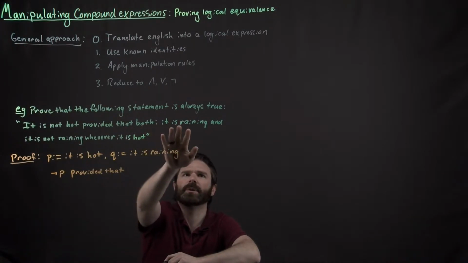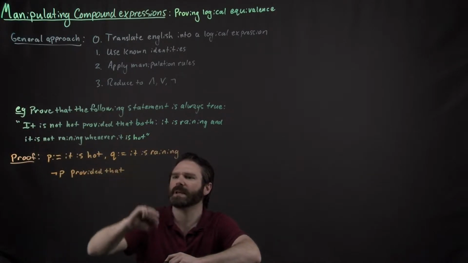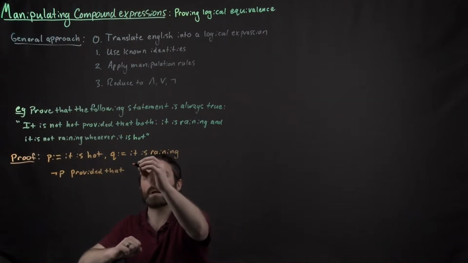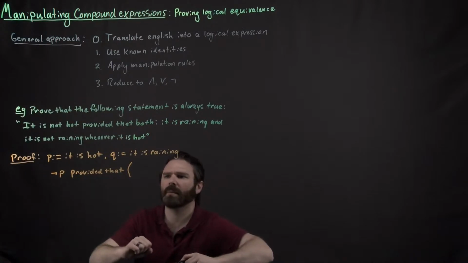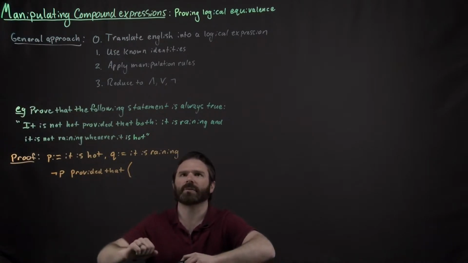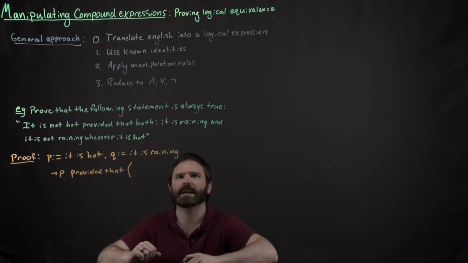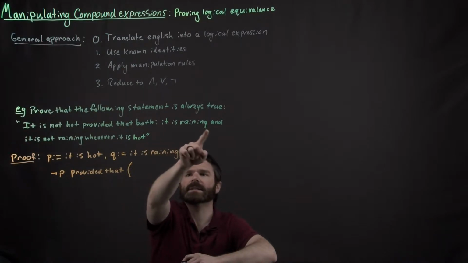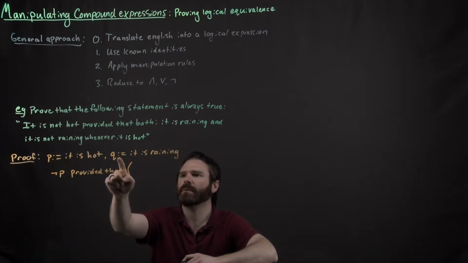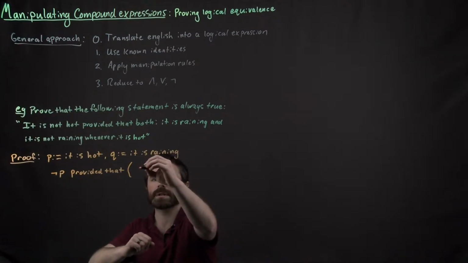I know it's going to apply to the rest of this piece right here. So it's going to apply to some compound proposition. So let's see what it is. It is raining. Well, raining was Q, so that was a Q.